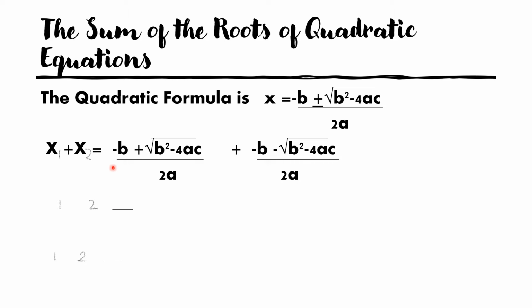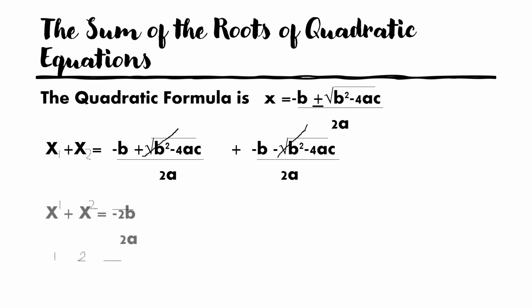We have negative b plus negative b, and that is negative 2b. But here we have positive square root of b squared minus 4ac, and minus square root of b squared minus 4ac. This will be equal to 0.